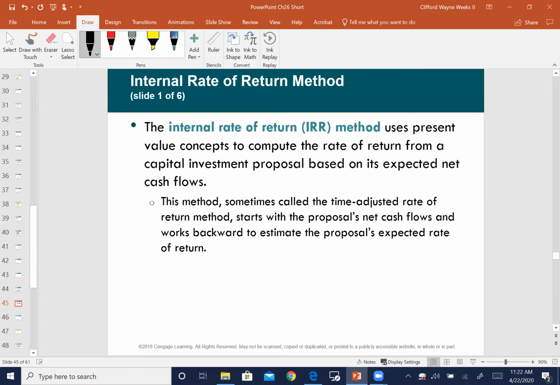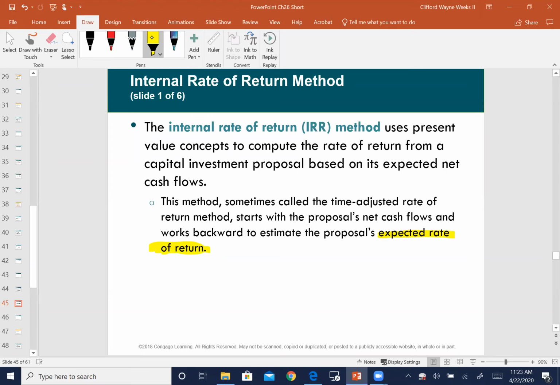So this method, sometimes called the adjusted rate of return method, starts with the proposal's net cash flows and works backward to estimate the proposal's expected rate of return. What we're doing here is trying to calculate the interest rate.